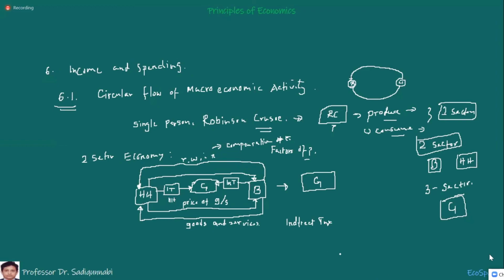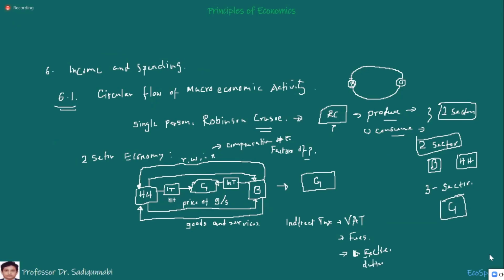Indirect tax could be VAT. It could be fees, all types of fees. It could be a license fee or something like that. It could be excise, customs duties.